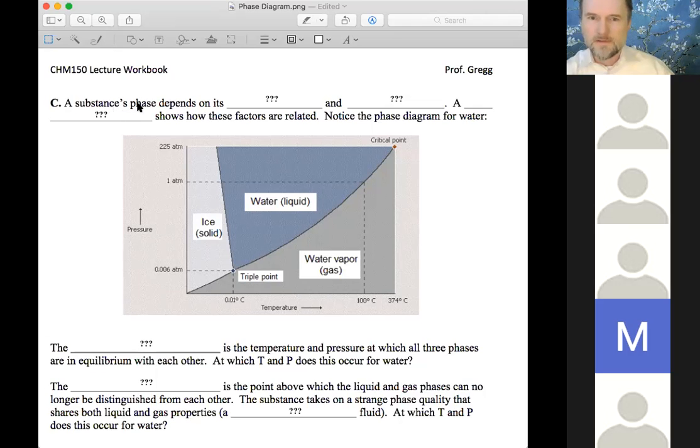A substance's phase or physical state depends on two properties. The first property is pressure, and the second property is temperature. And then we can graph a substance's pressure and temperature on a phase diagram.